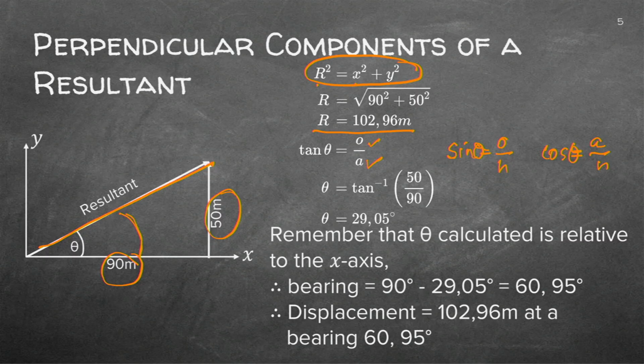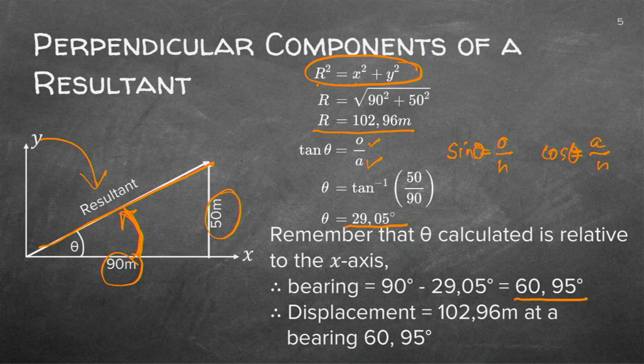And that's the important indication of a vector: to give the size, which we calculated as 102.96, but also indicate the direction, which is 29.05 from this x angle towards north. So it's important to give the direction. You could express the direction by saying it's a bearing of 60.95 degrees, which means it's from the y-axis.